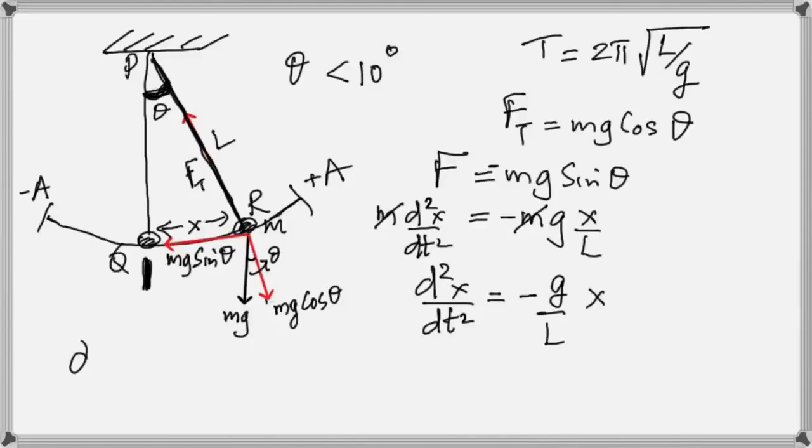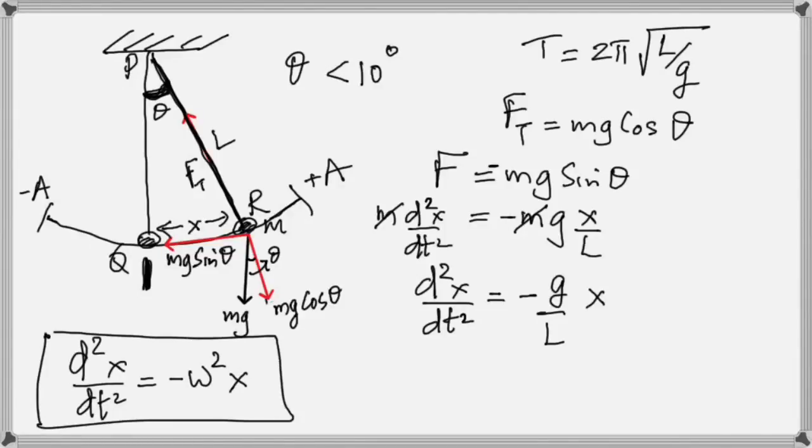Isn't this similar to d squared x by dt squared is equal to minus omega squared x? Isn't that similar? Yes. So what's omega? You have to do the square root.